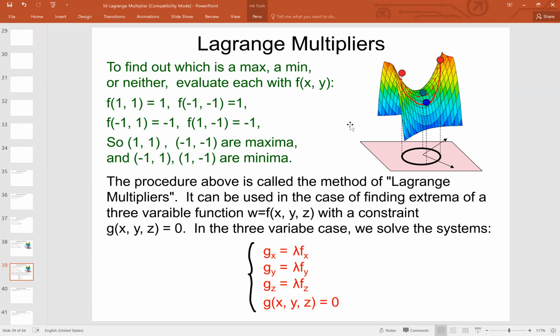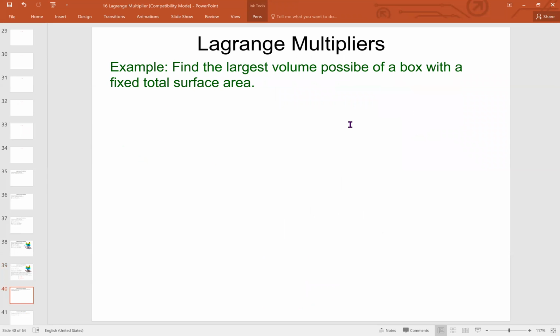The gradient has to be a multiple of the other one, so the partial x has to be a multiple, partial y has to be a multiple, partial z has to be a multiple, plus the original constraint: x, y, z must satisfy g(x, y, z) equals 0. This is the list of equations, and you try to solve it. In general, it might be easy.